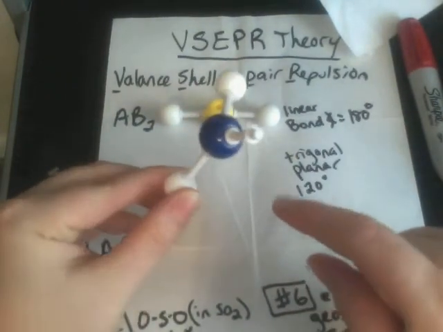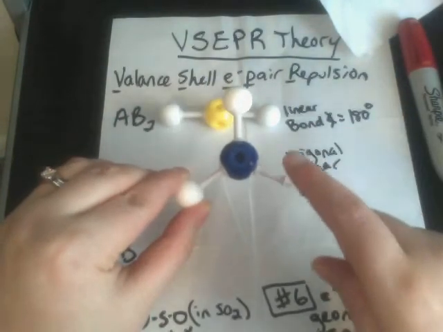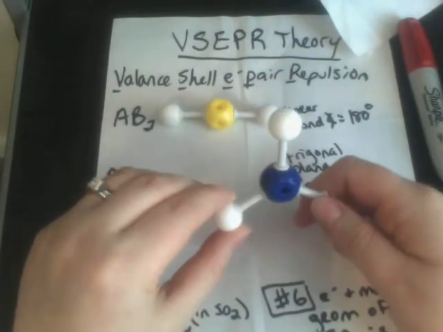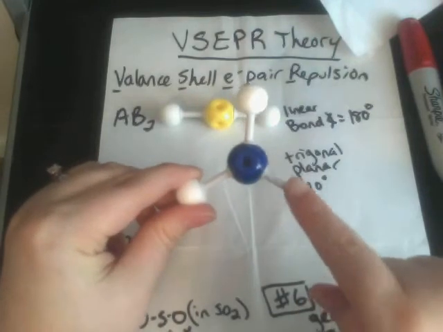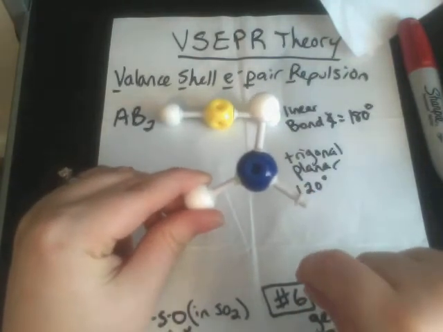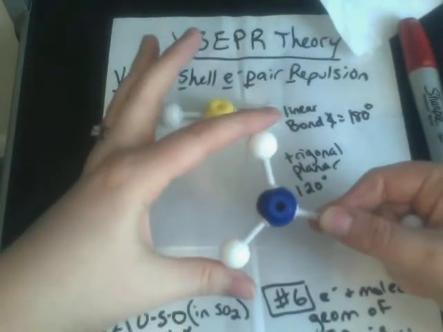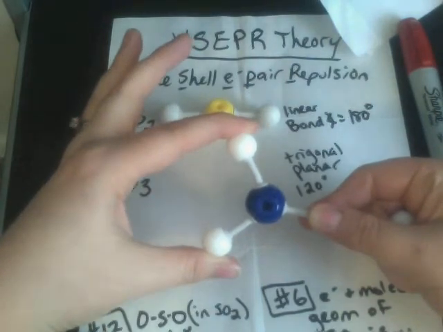So when I play with these, I like to take the atom, but I leave this here to represent that there's still a lone pair here. Now, I always say that lone pairs take up more space. They have more repelling power, if you will, than bonded pairs. So what's going to actually happen is these are going to come together oh so slightly, right?